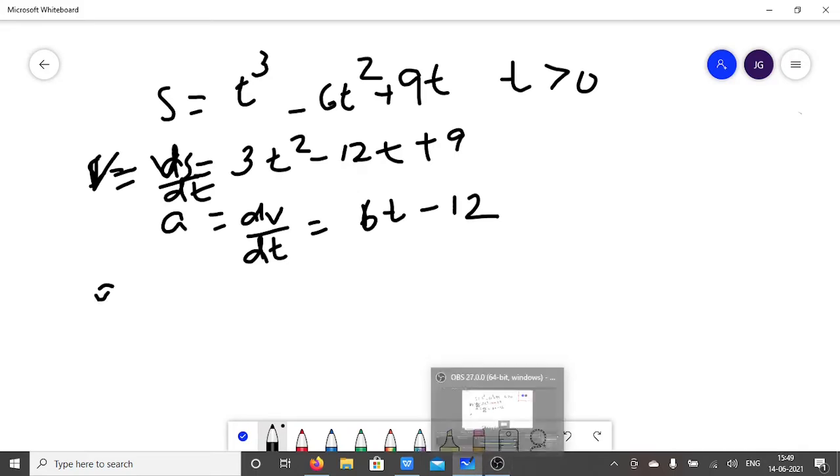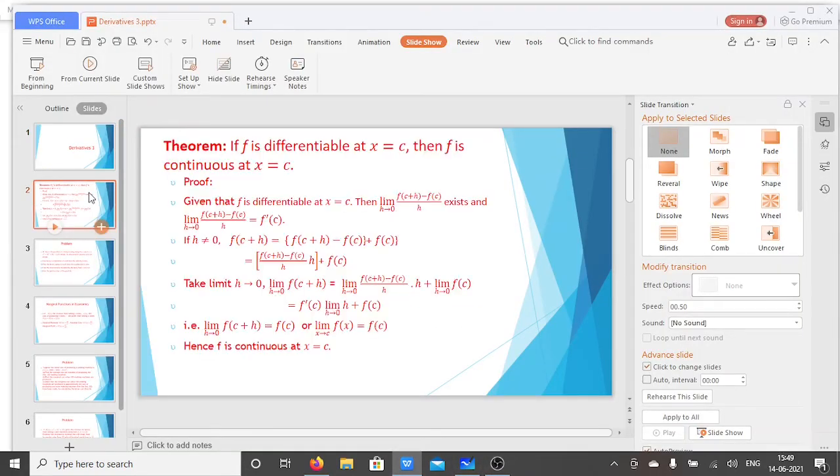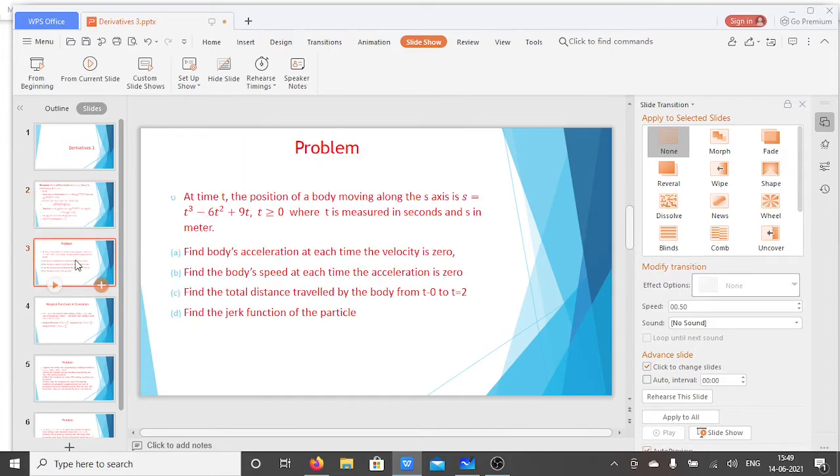Now the first part, the question is: find the body's acceleration at each time when the velocity is 0.